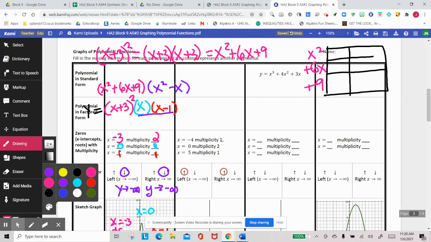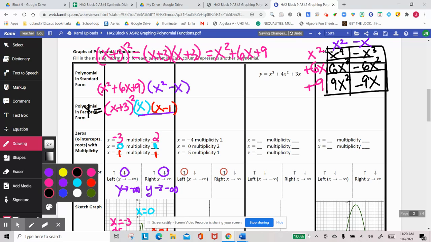And then I'm going to go ahead and have my x squared minus x going across. And when I multiply that, I get x to the 4th minus x cubed, 6x to the 3rd minus 6x squared plus 9x squared minus 9x.